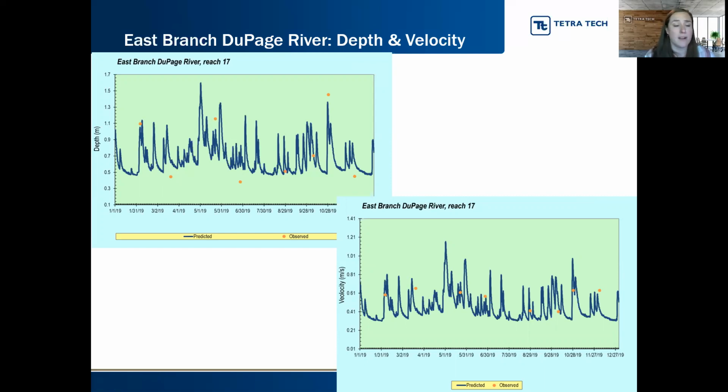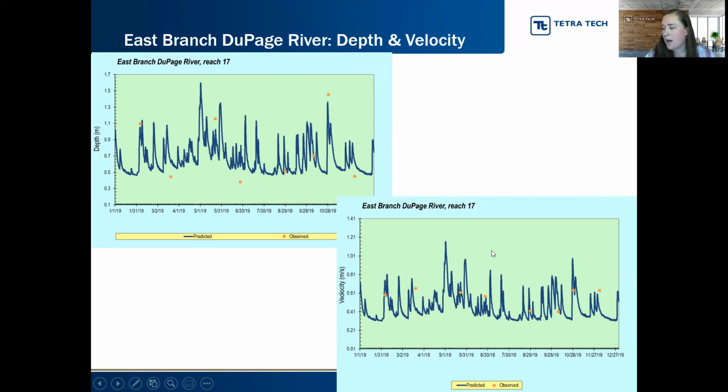And this profile is going to look different for any reach you look at across your model, as long as the hydraulics are different. But because we can use this as a way to make sure that our depths make sense, fall within that range, we feel confident in our simulation of depth.